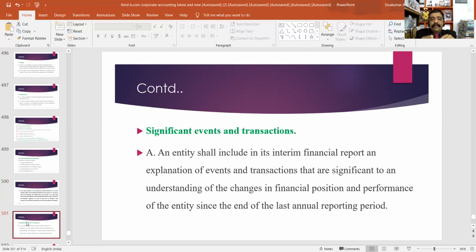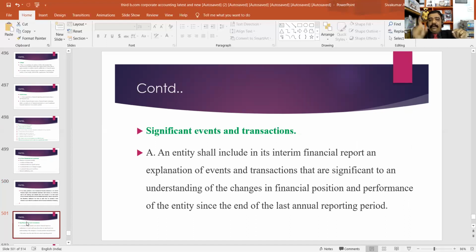Okay. Then significant events and transactions. There is an explanation about significant events and transactions in the standard. What is the explanation? An entity shall include in its interim financial report an explanation of events and transactions that are significant to an understanding of the changes in financial position and performance of the entity since the end of the last annual reporting period.